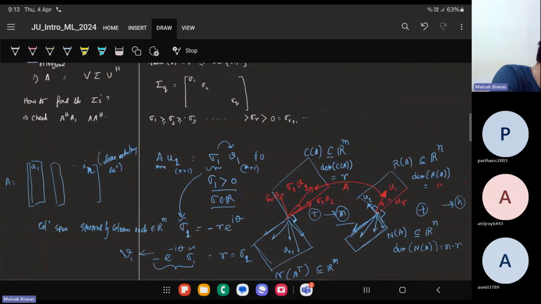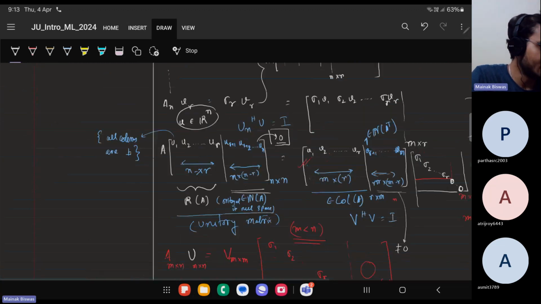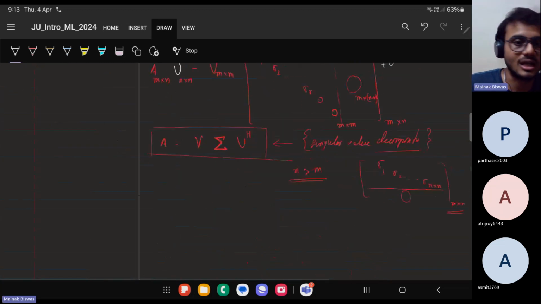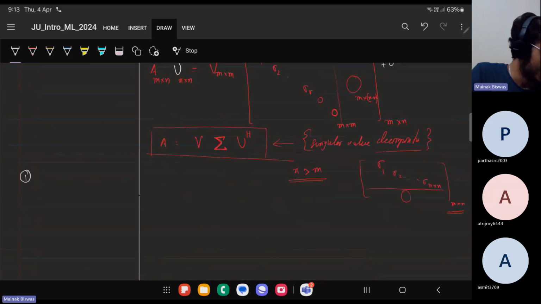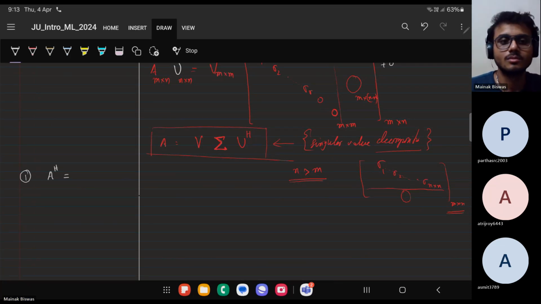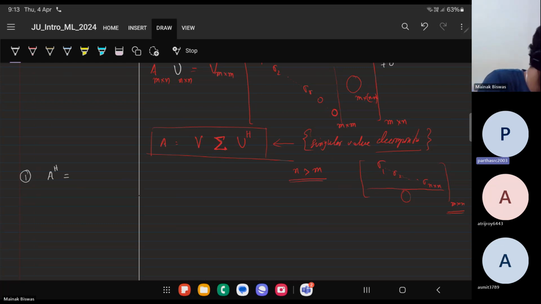That is, how can you find sigmas? Sigmas can be easily found. I guarantee you that. Why? What is a Hermitian? Can you tell me? The conjugate transpose.